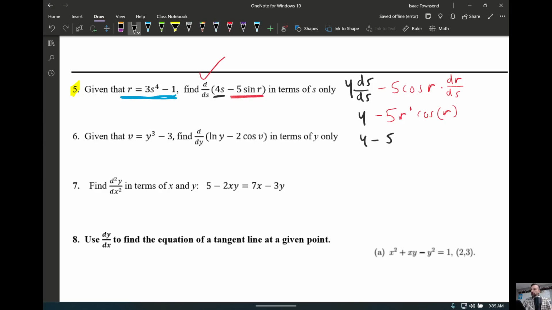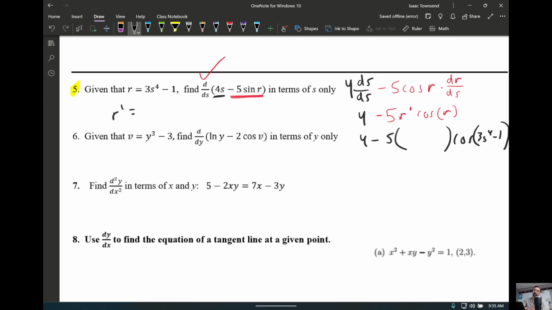So I don't know what r prime is yet. I'll come back for that. But I do know what r is. Instead of saying r, I can use this guy. R is 3s to the 4th minus 1. And then, in fact, I can use this to find r prime.